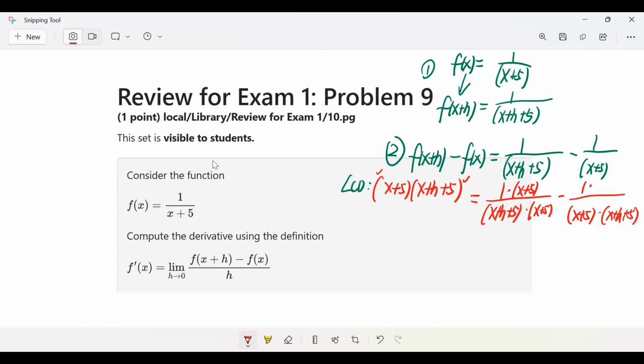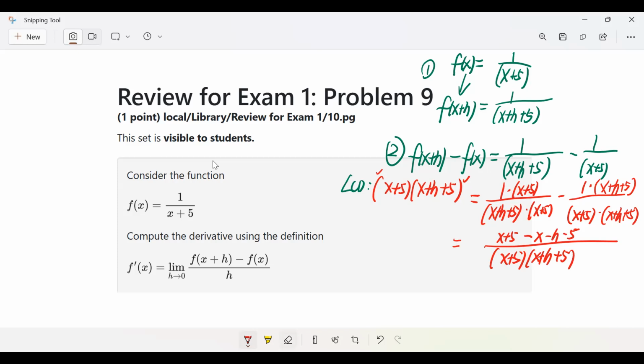Top, do the same thing. We multiply both top and bottom by the same factor. And if you put it together, you're going to end up with x plus 5 over the denominator x plus 5 times x plus h plus 5. The first one is just x plus 5. And minus, if you distribute this, right, it will be minus x minus h minus 5.